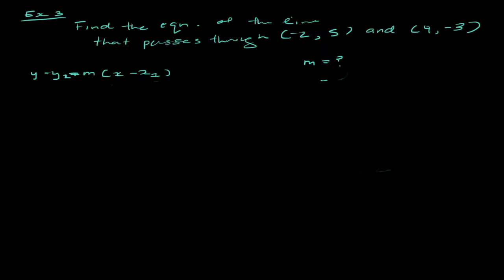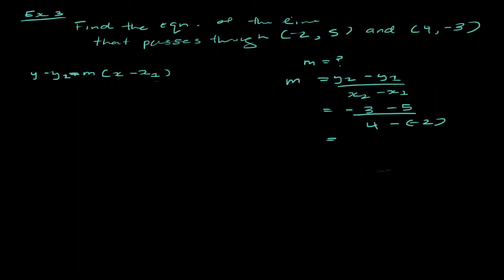So m is equal to y2 minus y1 over x2 minus x1, so rise over run. Now all we have to do is sub in those values. You get minus 3 minus 5 over 4 minus minus 2, and you get minus 4 over 3.